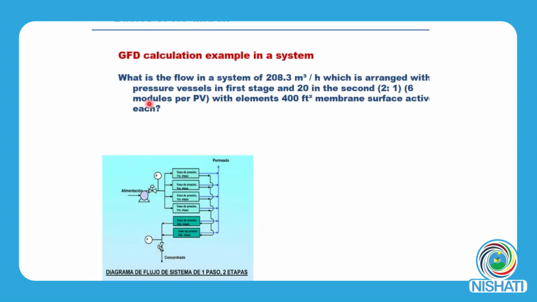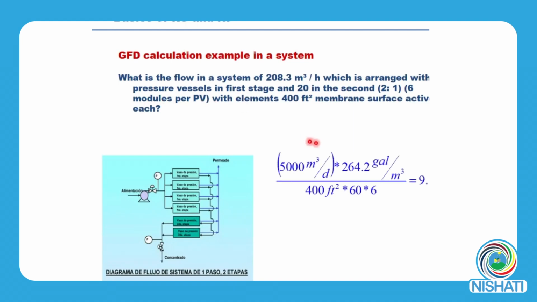In the second stage, we have 20 pressure vessels in a relation of 2:1. 6 membrane elements per pressure vessel. Now we will see what is everything. Okay, and containing this kind of membranes. Okay, let's see. Finally, you can obtain the 9.1 GFD.